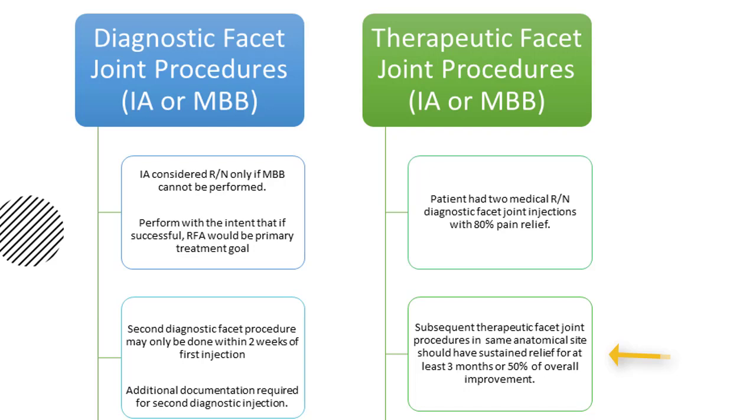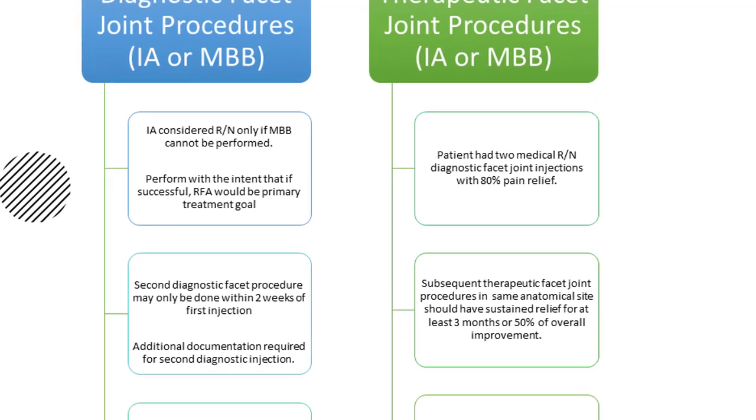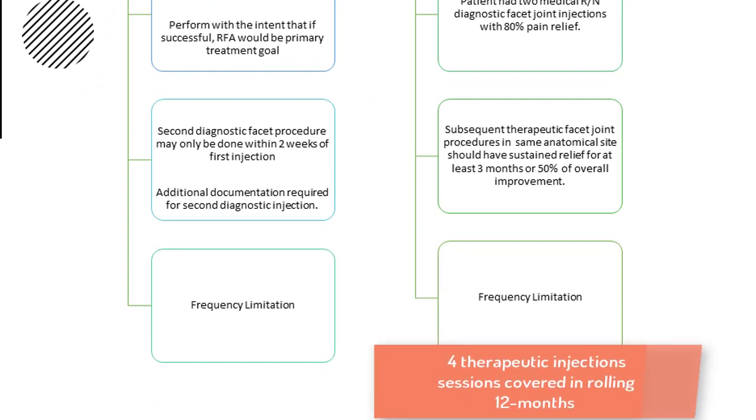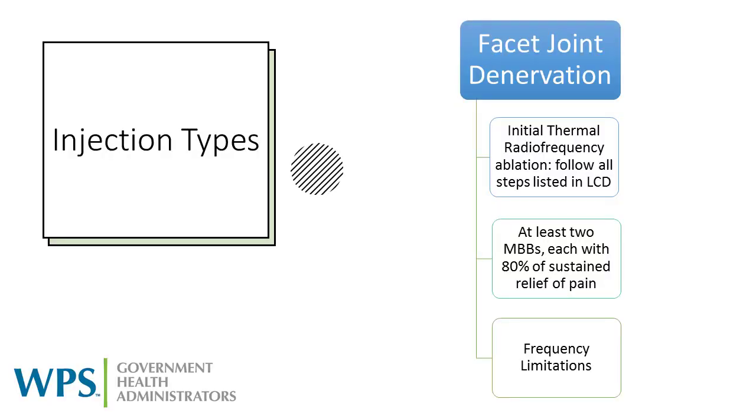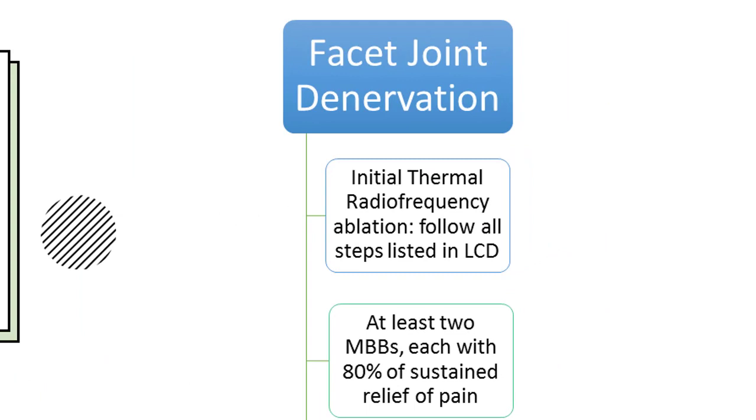Subsequent injections in the same anatomical site should sustain pain relief for at least 3 months or give 50% overall improvement. For each covered spinal region, no more than 4 therapeutic facet joint sessions will be reimbursed per rolling 12 months. Now let's move to facet joint denervation. This includes thermal radiofrequency ablations.